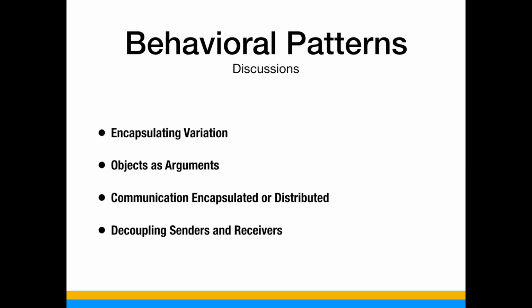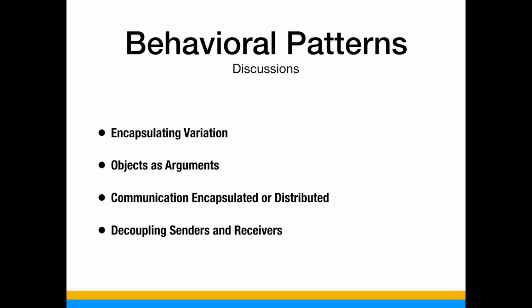The nice thing about behavioral patterns is that it encapsulates variation, so you're kind of isolating the variation that way. You can use objects as an argument, similar to what we saw on the bridge, but it can help us define new strategies, like in the case of the strategy pattern, to create new objects and be passed around through the objects, which leads to the next point, that the communication is encapsulated or distributed if you want to, to communicate better some of the objects.